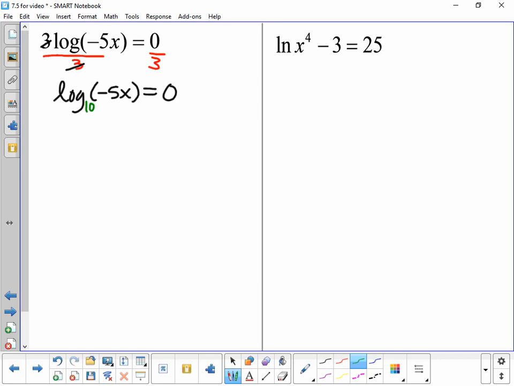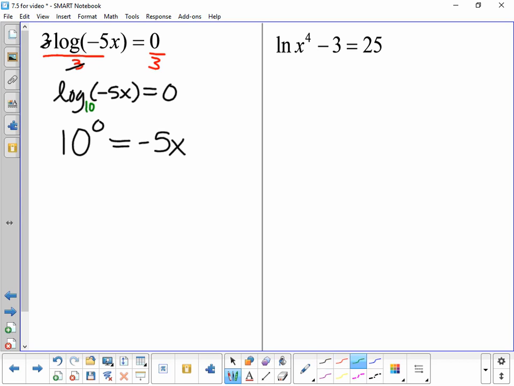So the base isn't written there, it's understood. It'll help if you write your base 10 in when you get to this step, so that you can see when you rewrite it, it's going to be 10 to the 0 power equals negative 5x. It is base 10. So now that we have this written in exponential form, it's fairly easy to solve.